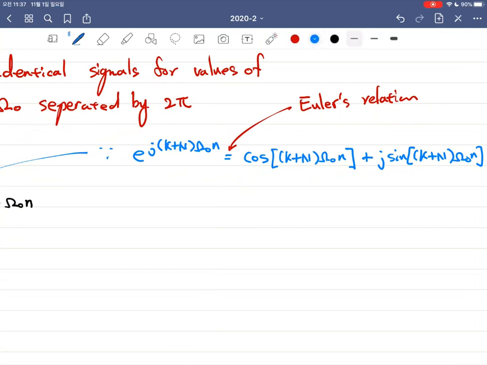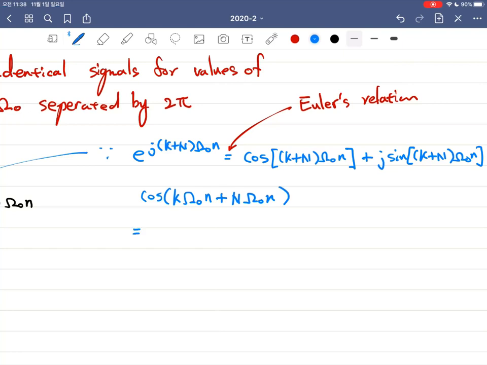So if you look at this cosine part, with the distributive law, you can say that I have cosine of k omega 0 n plus large N omega 0 n.